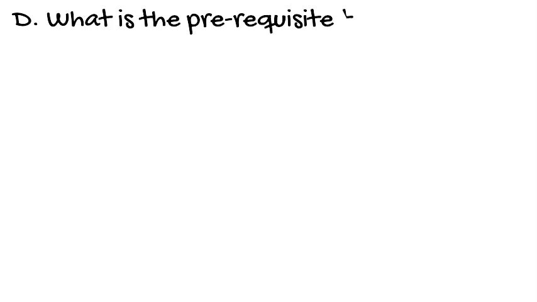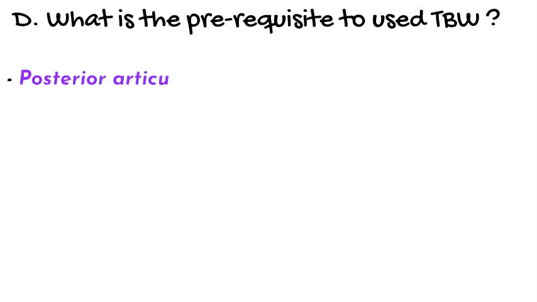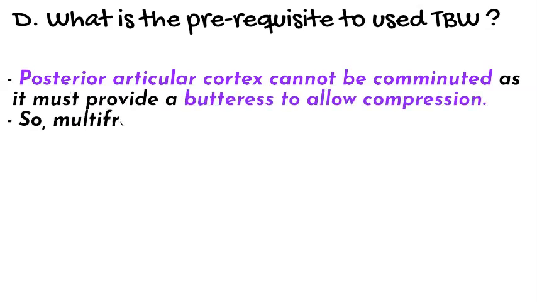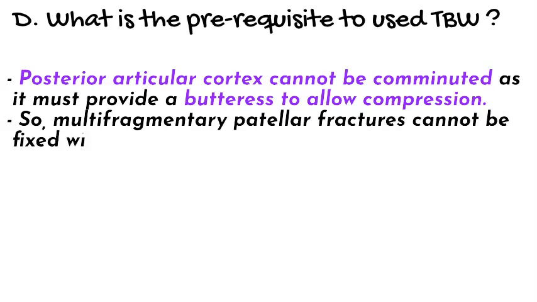D. What is the prerequisite to use tension band wire? The posterior articular cortex cannot be comminuted as it must provide a buttress to allow compression. So, a multifragmentary patella fracture cannot be fixed with a tension band.